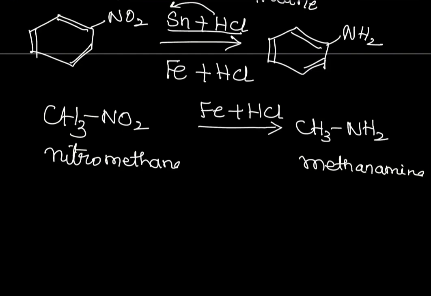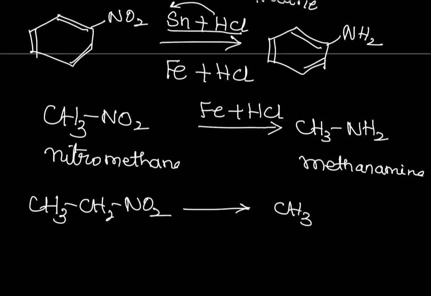Can you convert nitroethane into ethanamine? Yes, it is possible. What is the reagent that you are going to put? Any of the reagents you can put. That is catalytic reduction: hydrogen gas in presence of palladium, maintained at high temperature.